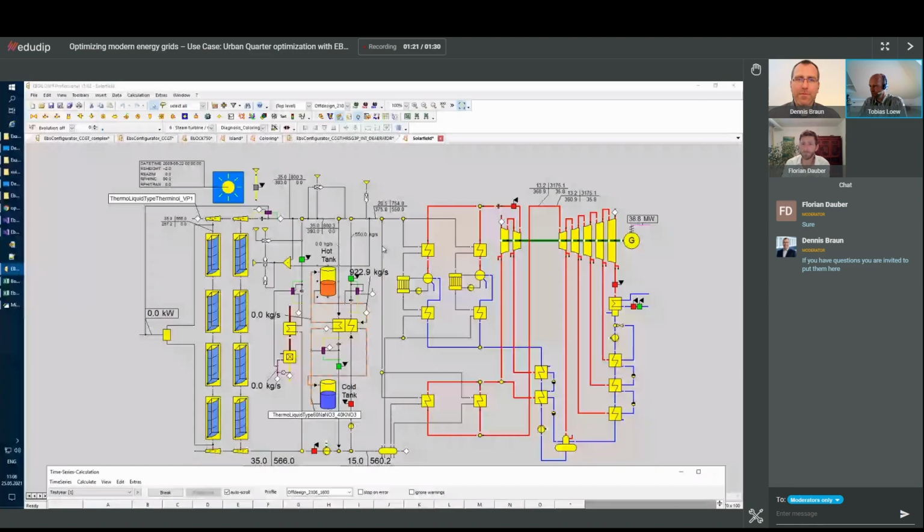So we have a preheater and evaporator. We have two streams of preheater, evaporator, and superheaters.